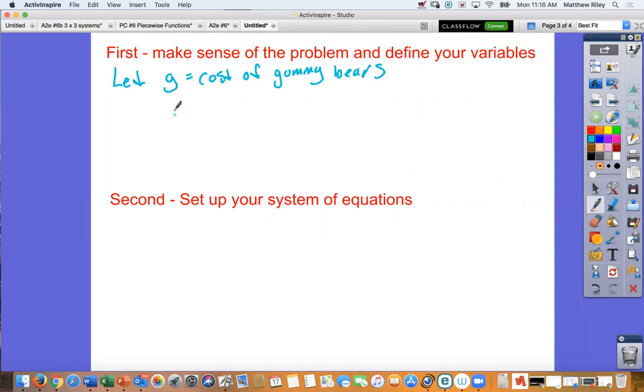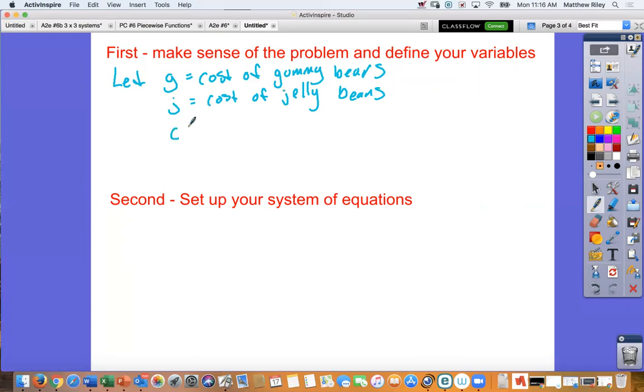For jelly beans, I will use J, and that is the cost of jelly beans. When you're defining your variables, I know that Devin bought 1 pound of each one, and I'm trying to figure out how much they cost.